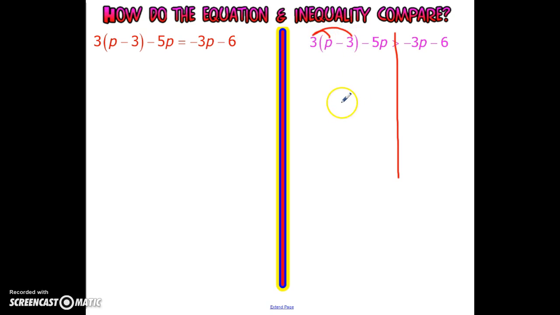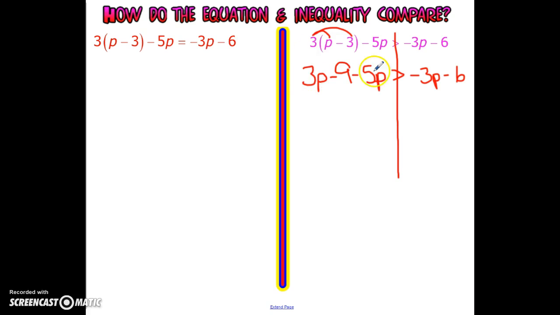So my first step here is going to be to distribute. 3p minus 9 minus 5p is greater than negative 3p minus 6. A common mistake is to distribute the 3 also to the negative 5p. However, the negative 5p is not in the parentheses, so it is not affected by that 3.